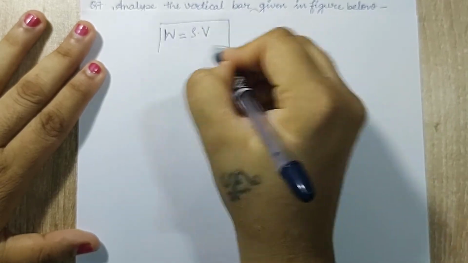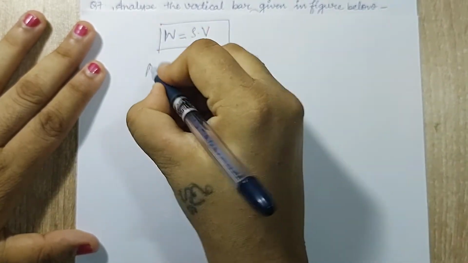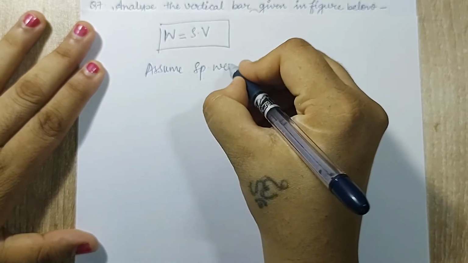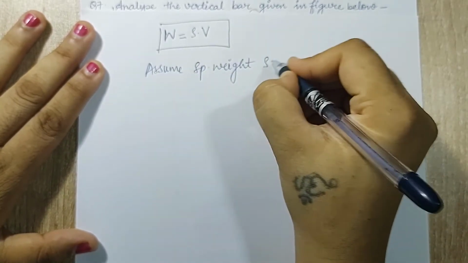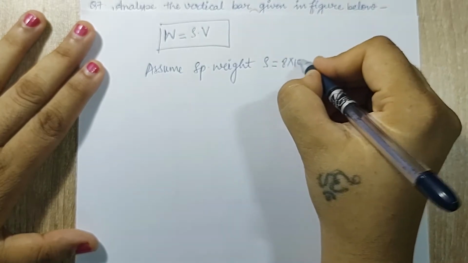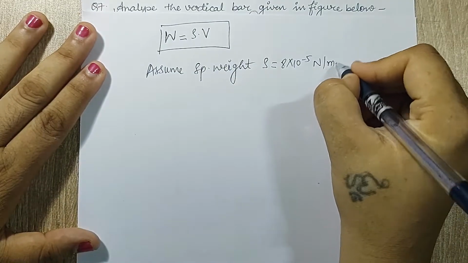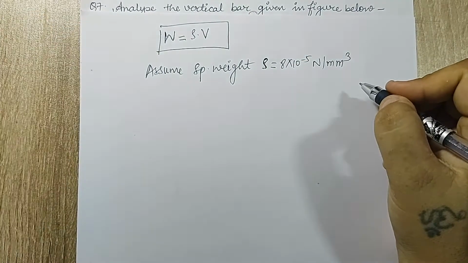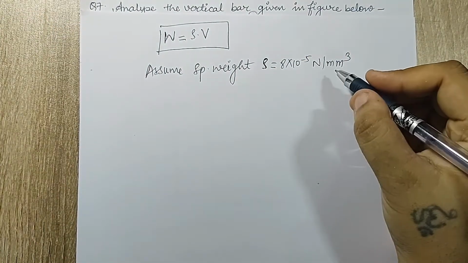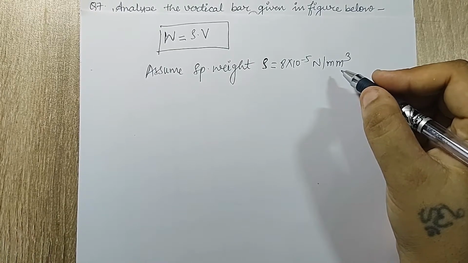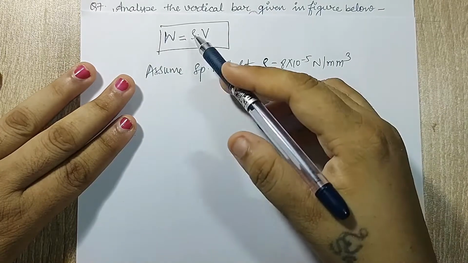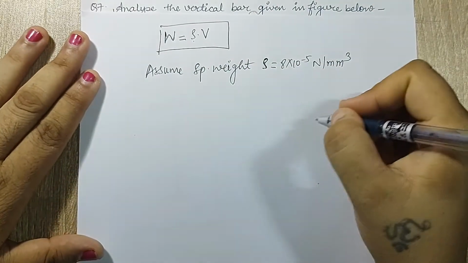Now here I'll assume the value of the specific weight rho as 8 into 10 raised to minus 5 Newton per mm cube. This is just a value that I have assumed. When you solve, it is also possible that this particular value is given to you. Now here you need to remember that rho is density in many cases, but here I am using rho for specific weight.